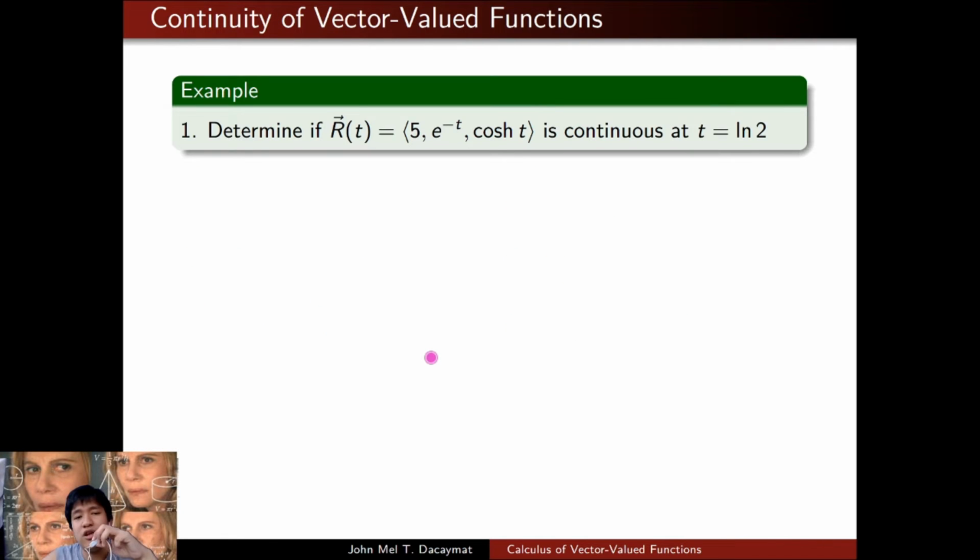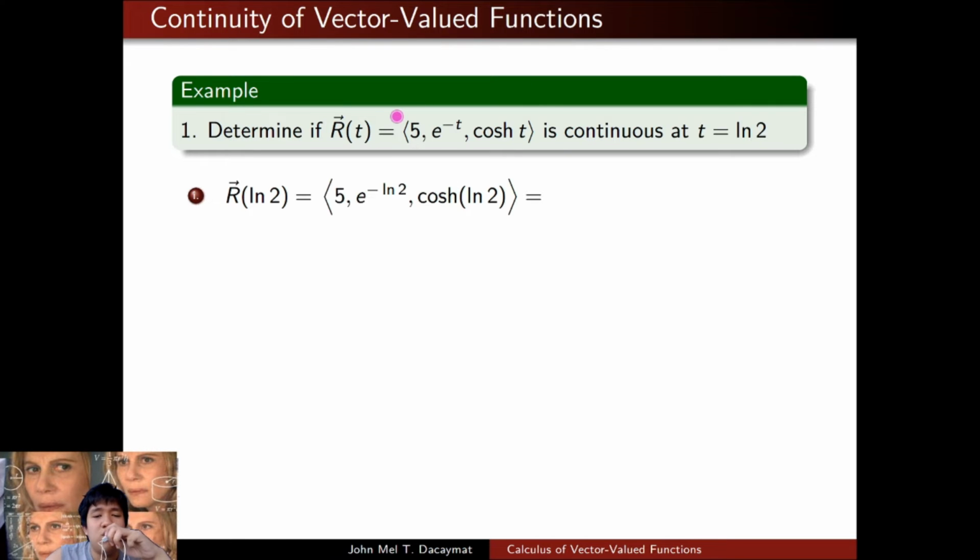Let's try this example. We want to know if this vector valued function 5, e to the minus t, cos t is continuous at ln 2. So again, we want to establish the three conditions. So yung una muna, function value at ln 2, no? So ano yung function value niya at ln 2? We just replace all t with ln 2.